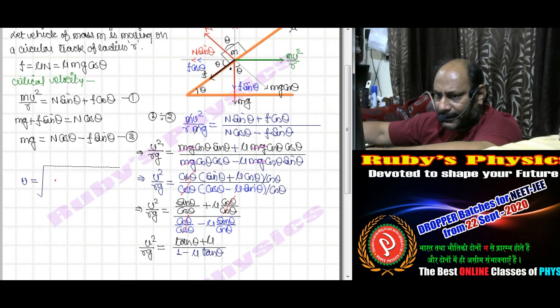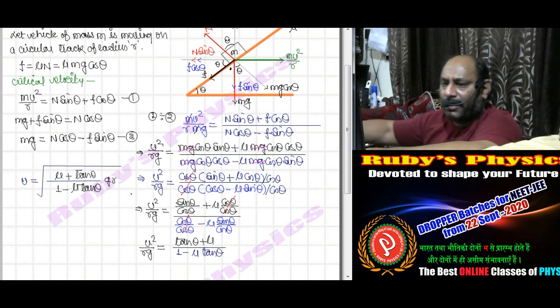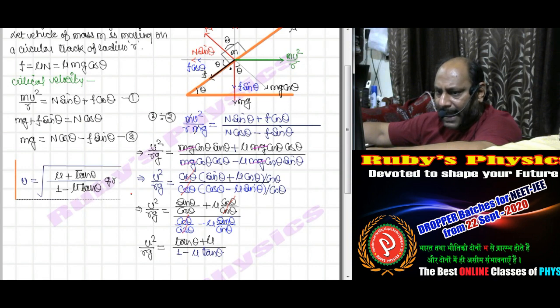It is under root, and in the numerator let me write mu first: mu plus tan theta divided by 1 minus mu tan theta, and gr or rg. This is the expression for the critical velocity of a vehicle that can cross the banked road safely.